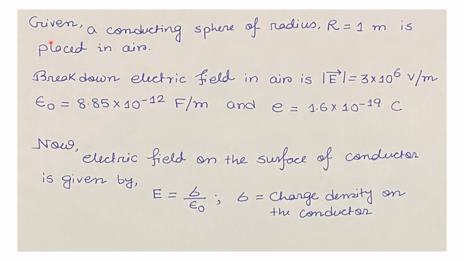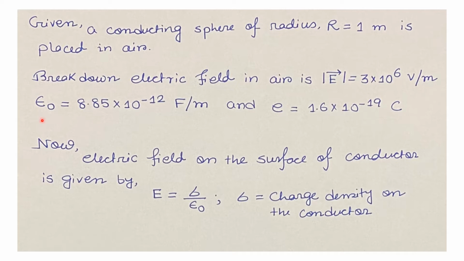It is given in the question that a conducting sphere of radius R equals to 1 meter is placed in air. The breakdown electric field in air is mod of E vector equals to 3 times 10 to the power 6 volt per meter.